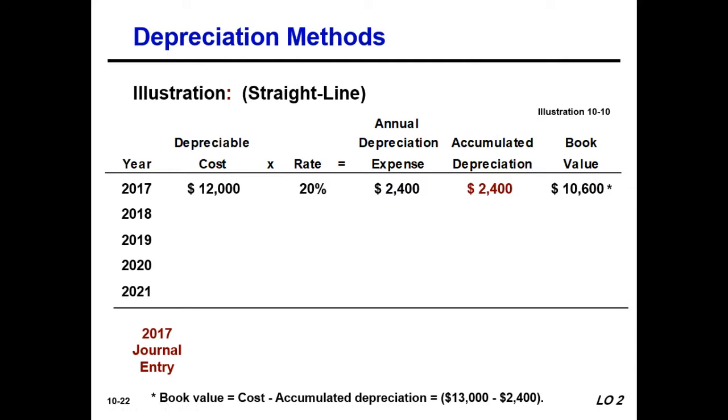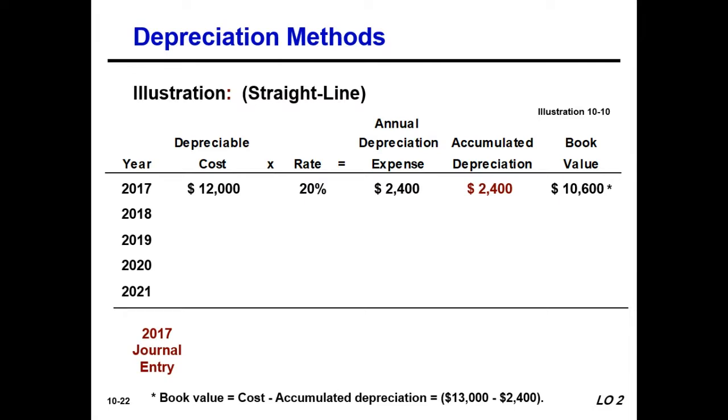At the bottom it says book value is cost minus accumulated depreciation. Cost is 13,000, not depreciable cost. Please, all other students, pay attention. It is the original cost minus accumulated depreciation. Is it clear?